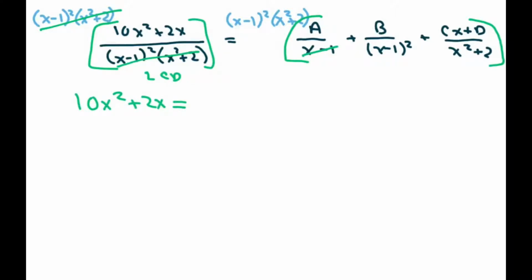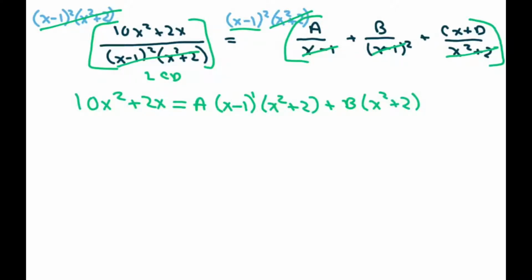This will cancel, and you're left with a times, there's one of these, you just have one left. This will be x squared plus 2. And for the b, this will cancel this, so you're just left with b times x squared plus 2. And this whole thing cancels with that, so you're left with plus c times x minus 1 squared.